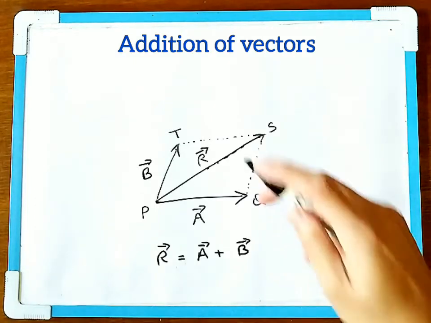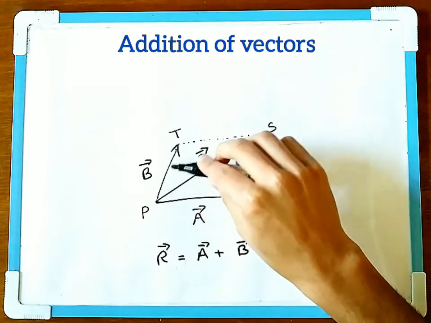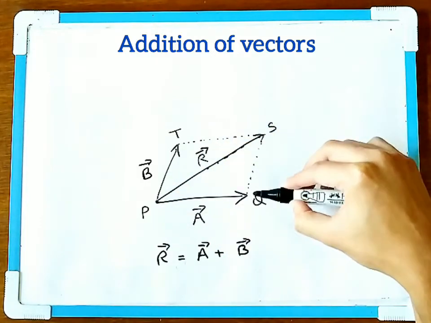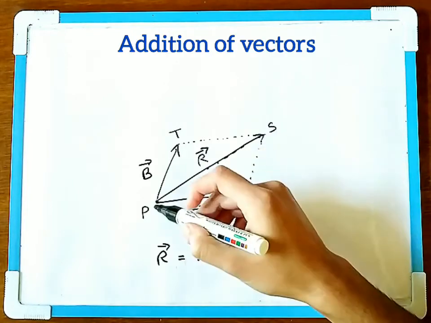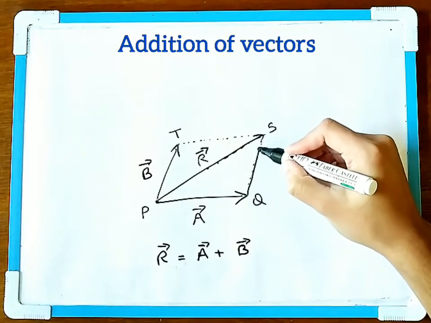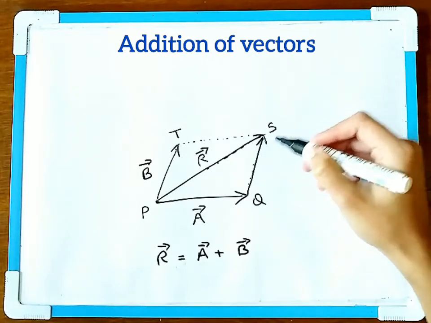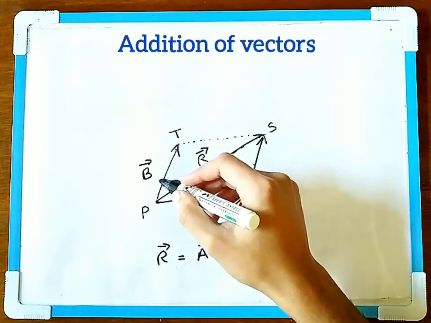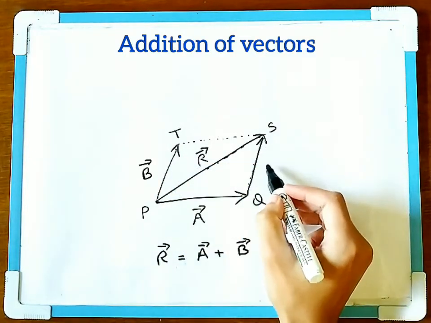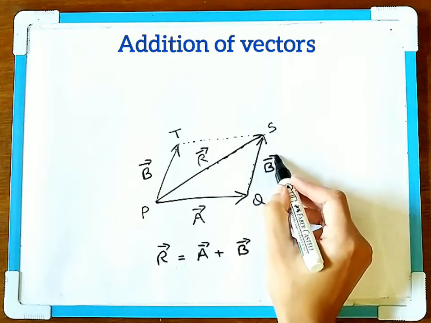addition. So if you can see here, this side PT is parallel to the side SQ, and if we draw a vector in this direction, then this vector is equal in magnitude and same in direction as this B vector. So this vector here is B vector, isn't it?